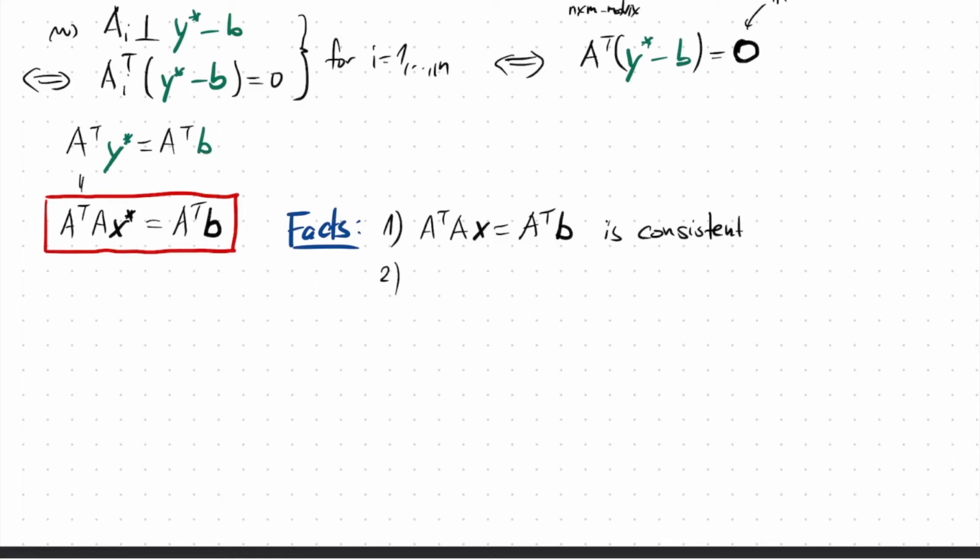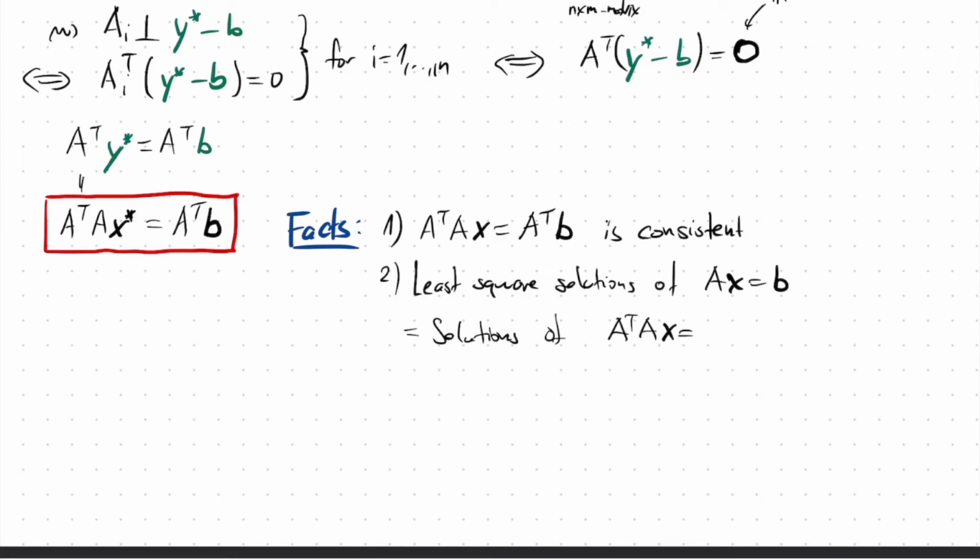The second fact is what we derived above. The set of least squares solutions of Ax equals b is exactly the set of solutions of the system A transpose A x equals A transpose b.